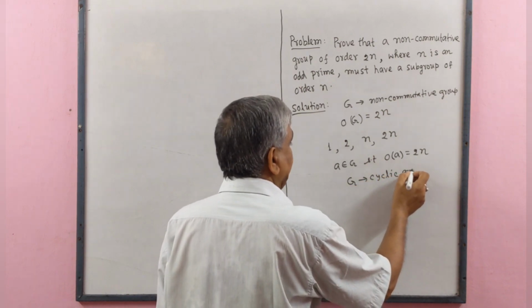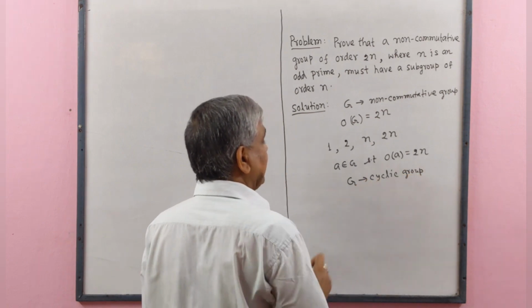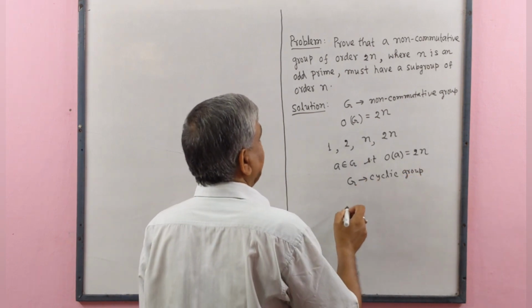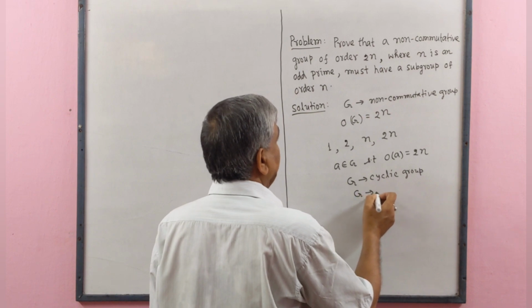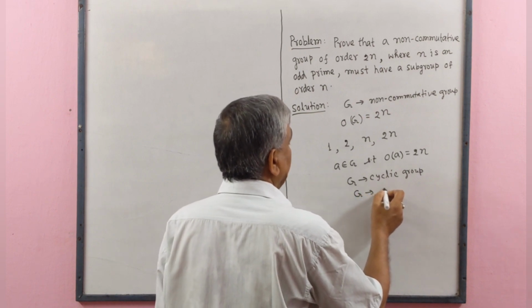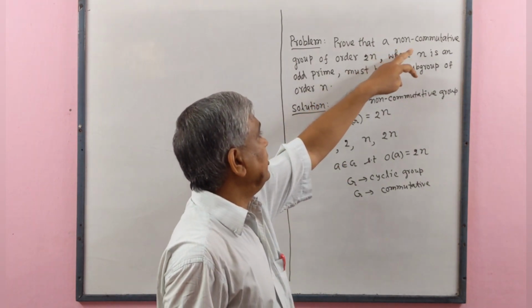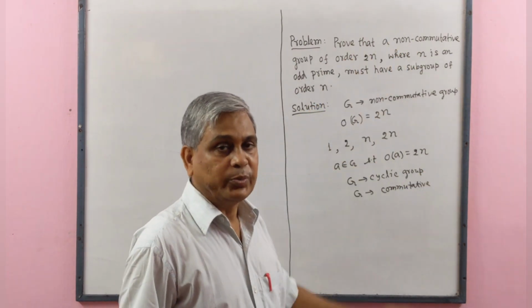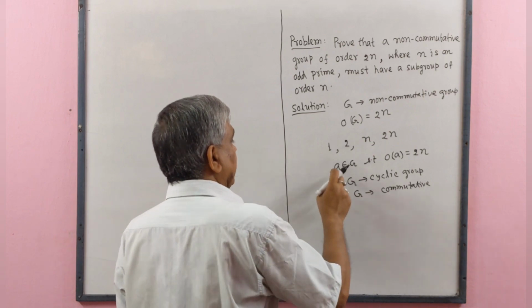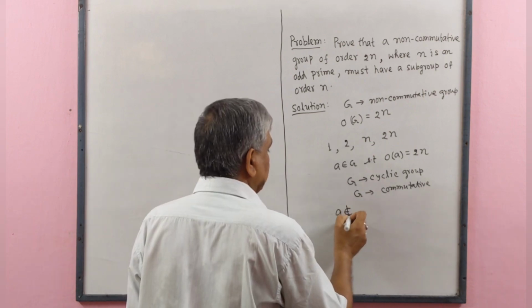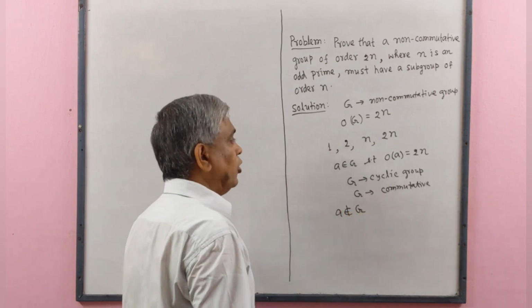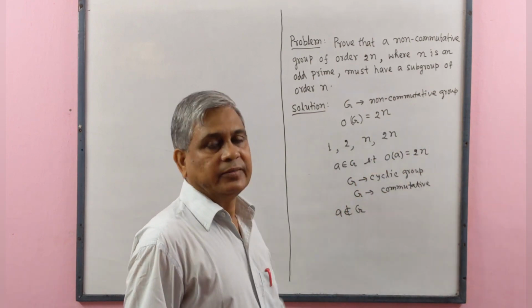And we know that every cyclic group is abelian, therefore G will be a commutative group. But given that G is a non-commutative group, therefore a does not belong to G, whose order is 2n.